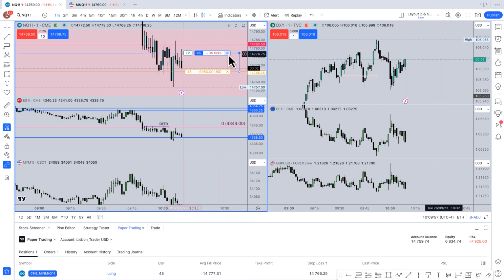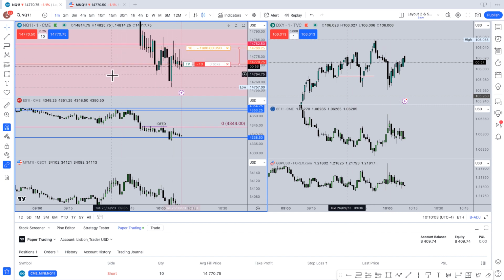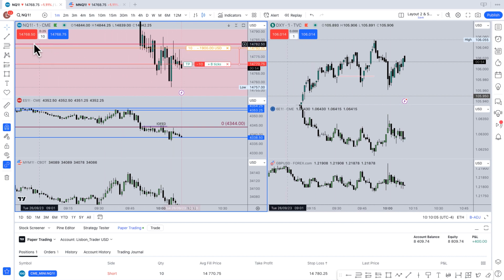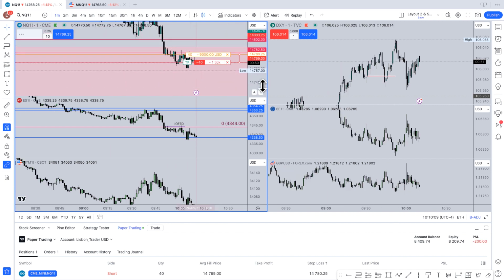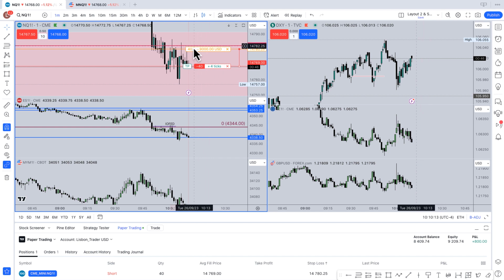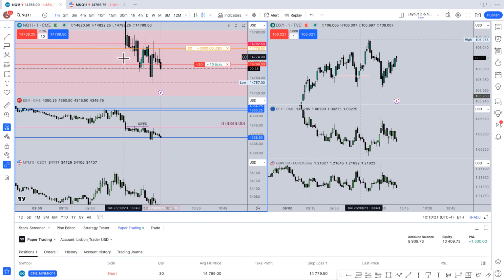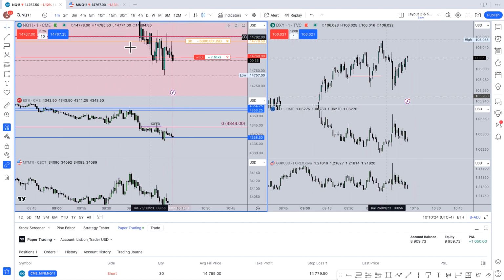It's low resistance. Slowly going down. So 8K. Let's put some profits back. So 10K.